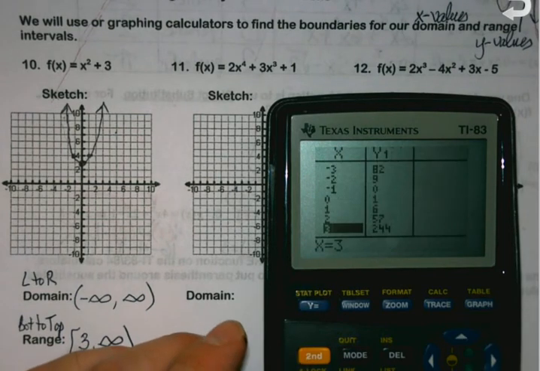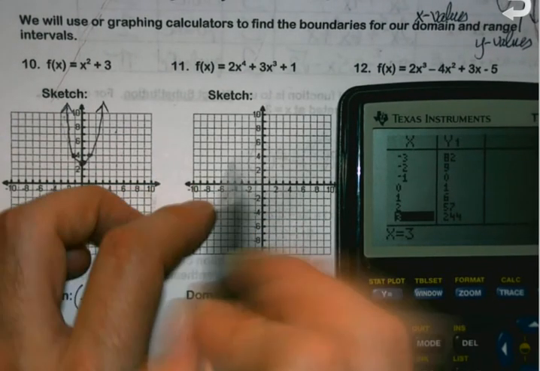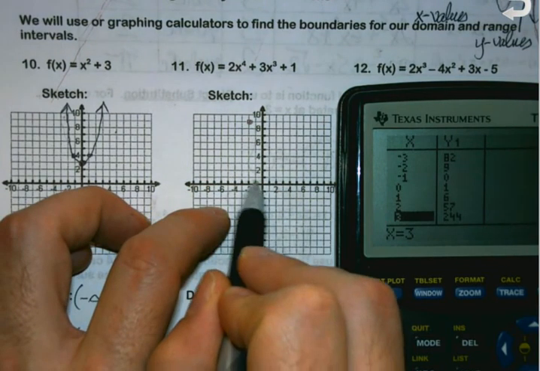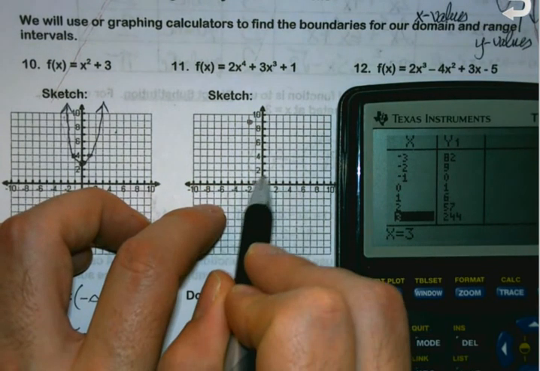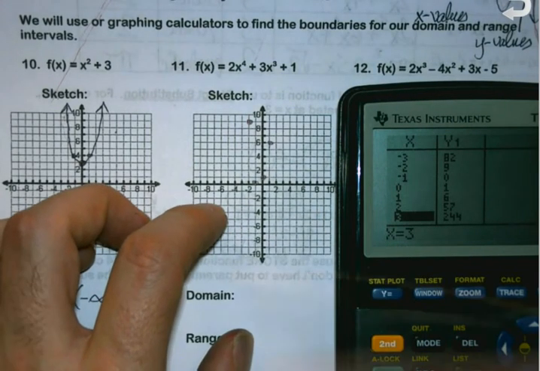So what I'm basically going to do is I'm only going to plot the points that actually will fit on my graph. So it looks like starting at -2, 9, negative 1, 0, 0, 1, 1, 6. And those look like the only ones that are going to fit.